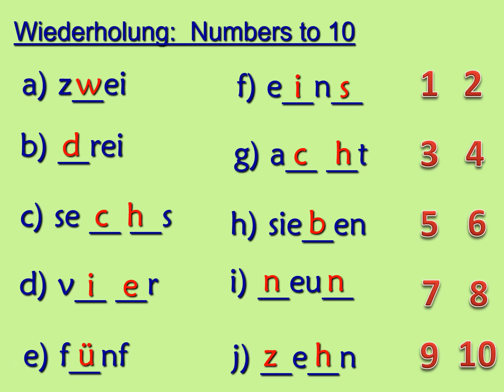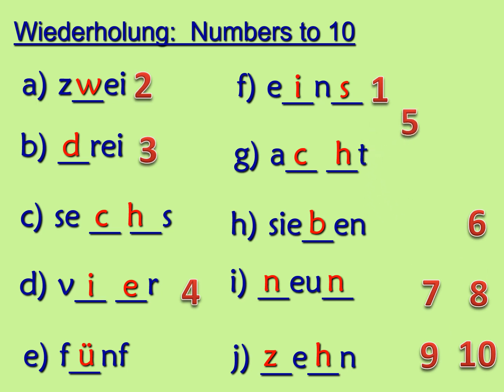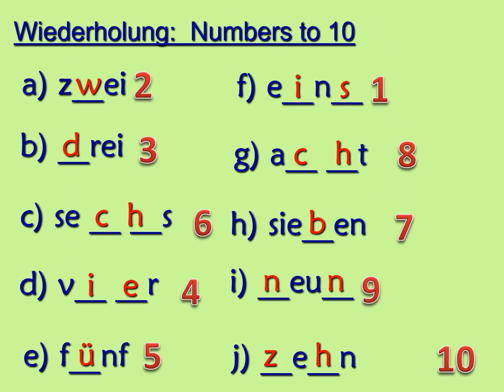Let's see if we can remember which number is which. So we have eins was F, zwei was A, drei was B, vier was D, fünf was E, sechs was C, sieben was H, acht G, 9 E, and 10.